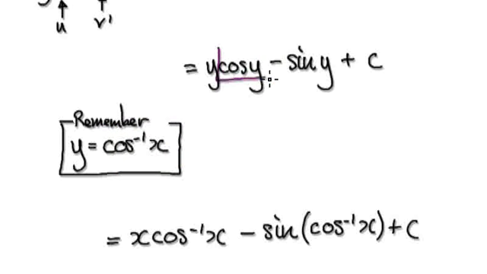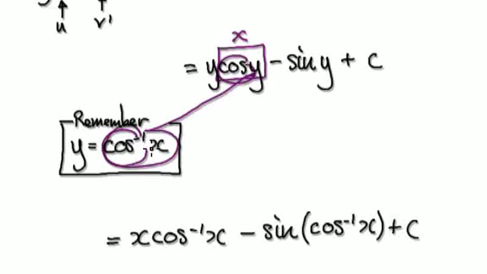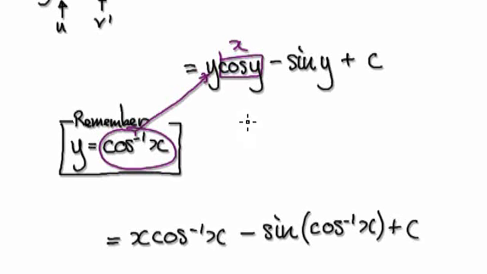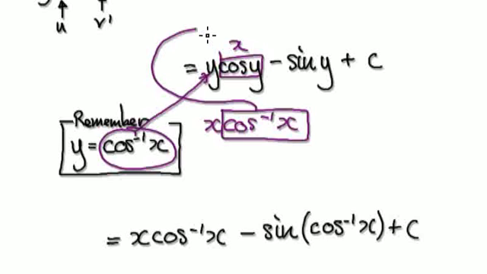So this block here is really just x. And then the y, we can put this into the y here. So this bit here will be x inverse cos of x. This bit here is this y here, and this block here is just the x here.